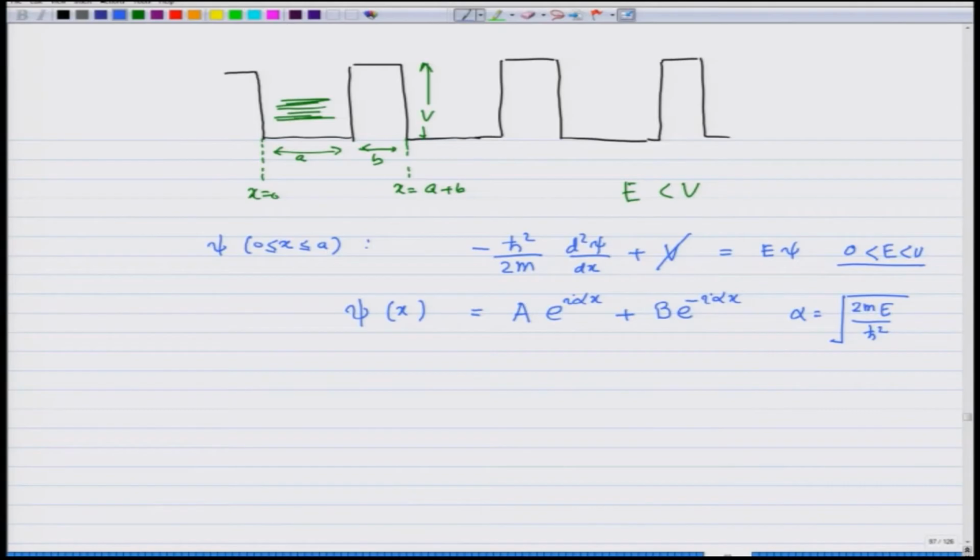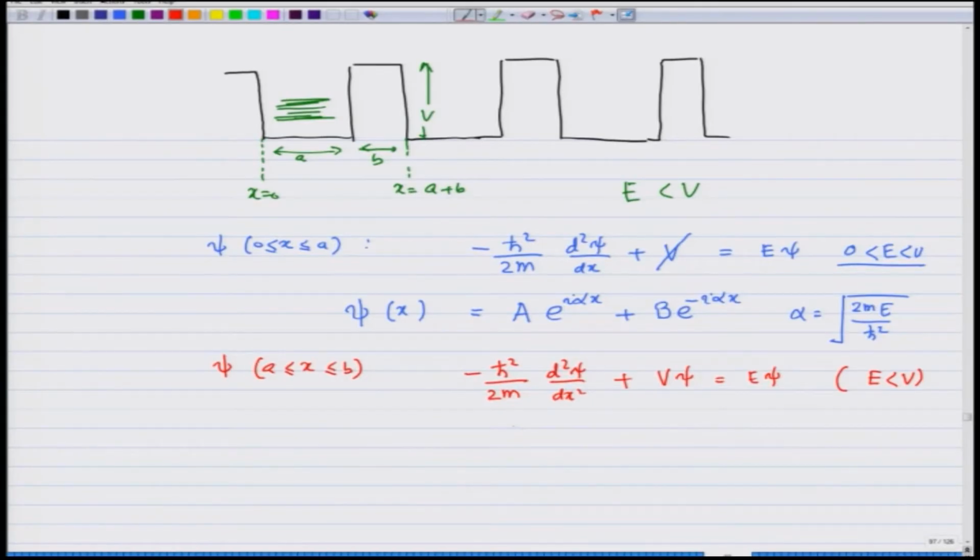Now, for the region a to a plus b, the wave function is given by the Schrodinger equation minus h cross square over 2m d2 psi over dx square plus V psi equals E psi, and we are taking the case where E is less than V. If E is greater than V, all you have to do is make a slight change from the hyperbolic function, you are going to get trigonometric functions, but that is a trivial case.